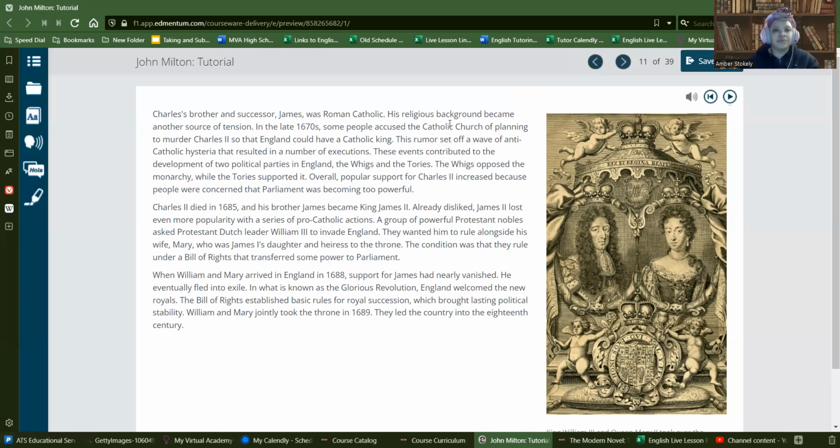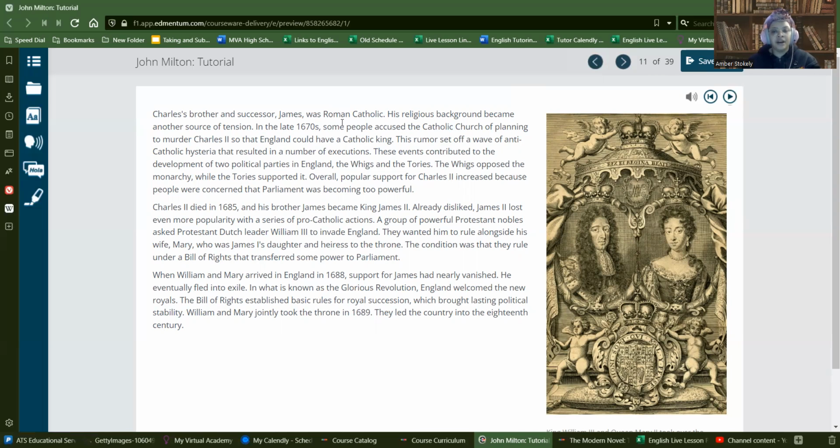It says here his religious background became another source of tension. And in the late 1670s, because Charles II was so liked, people even accused the Catholic Church of planning to murder Charles II so that England could have a Catholic king again. So there were big problems with this.